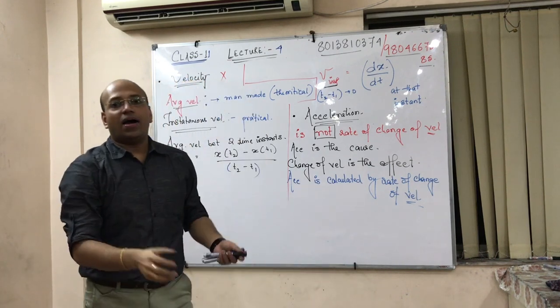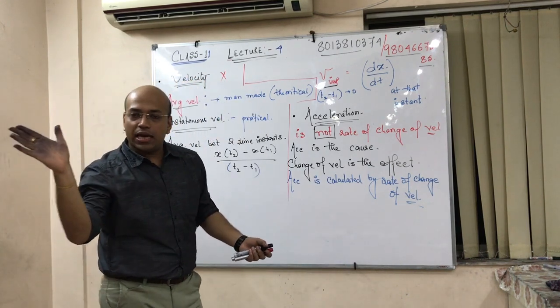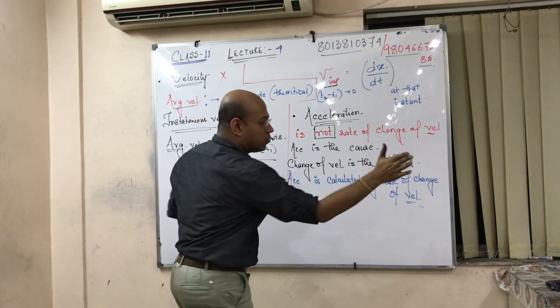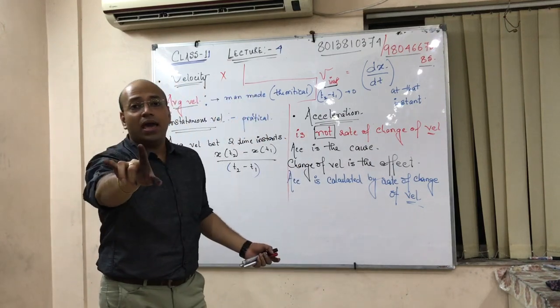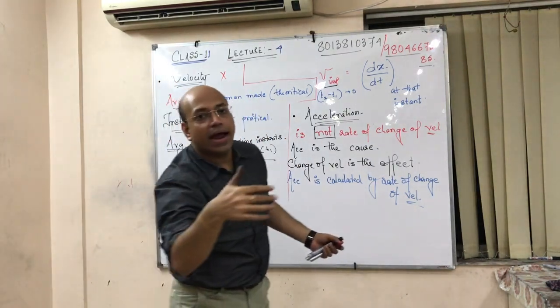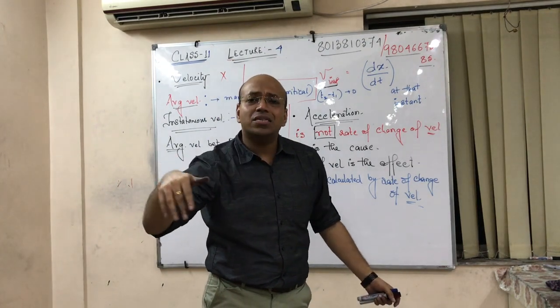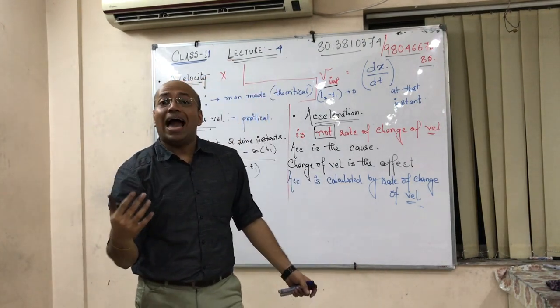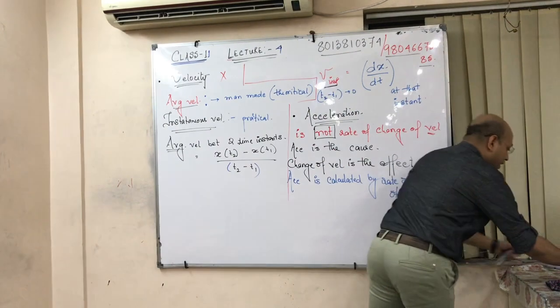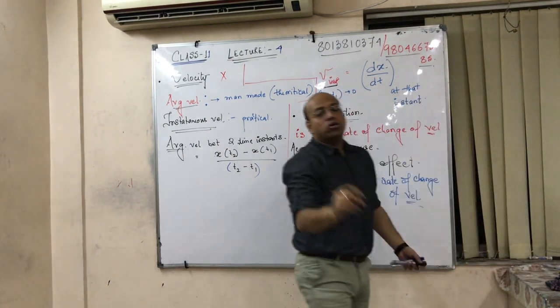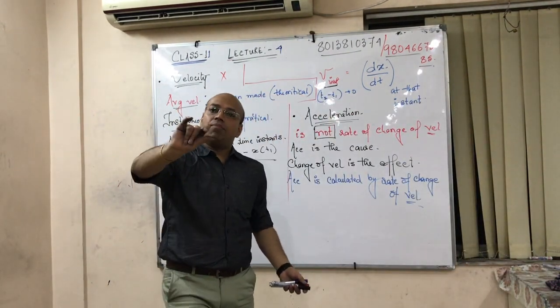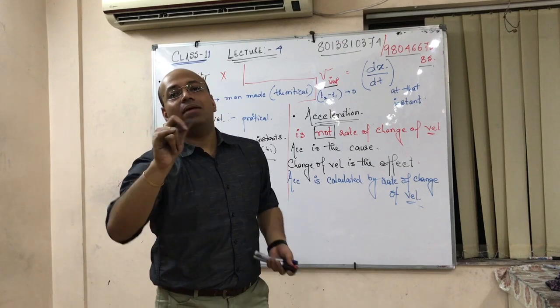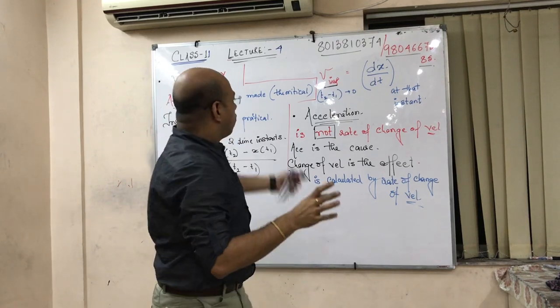But if I continuously put my hand on the face and press, the acceleration is continuous in nature. So acceleration can be continuous, or acceleration can be instantaneous. We will see to it.